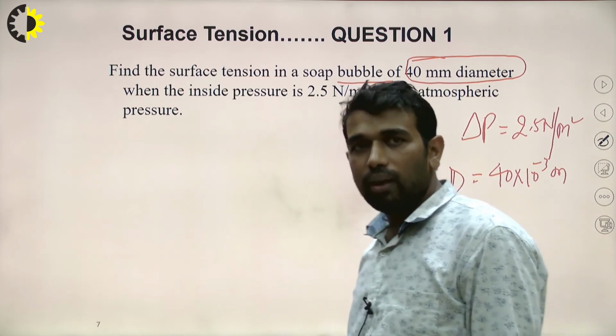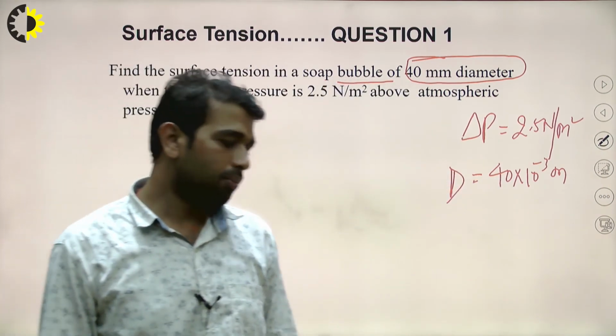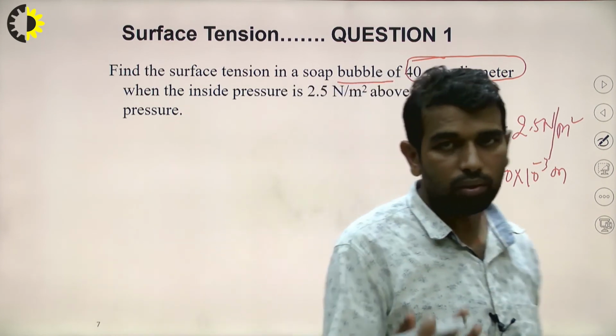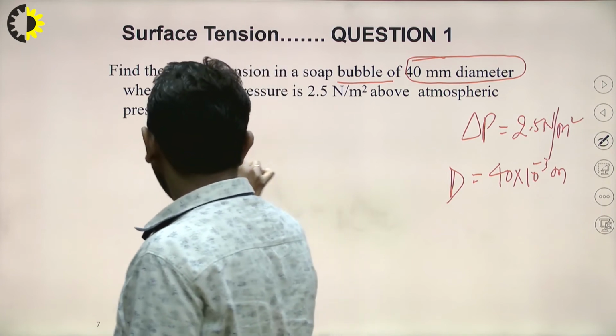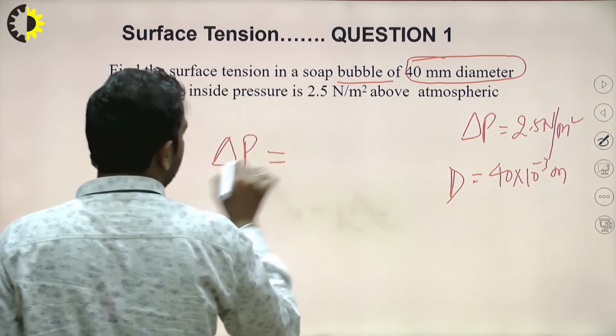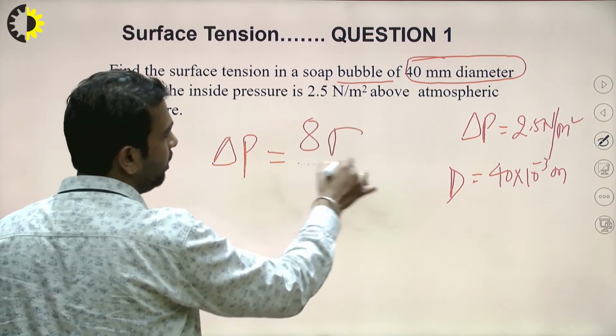What you have to find out is the surface tension for the soap bubble. For survival of any soap bubble, the difference in pressure is 8 times sigma by d.